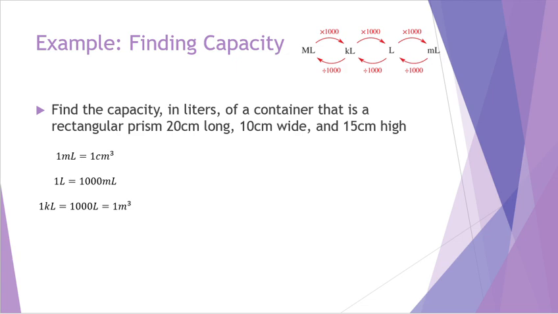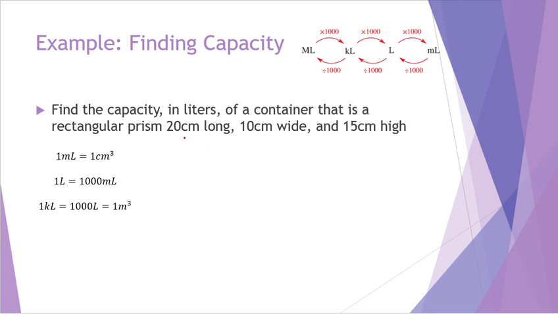And find the capacity in liters of a container that is a rectangular prism 20 centimeters long, 10 centimeters wide, and 15 centimeters high. Now, I've put in the flow chart here, and I've put in these special conversions just so that we can actually see what we plan on doing. So let's start off by finding the volume of the rectangular prism first.